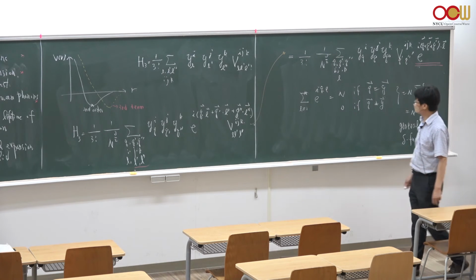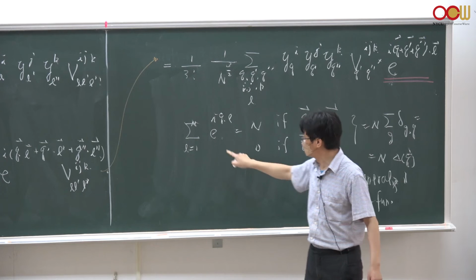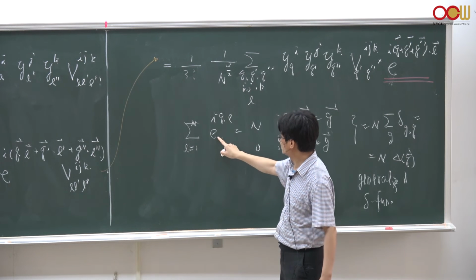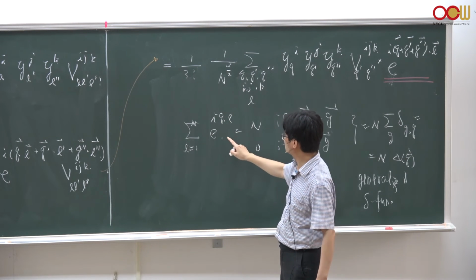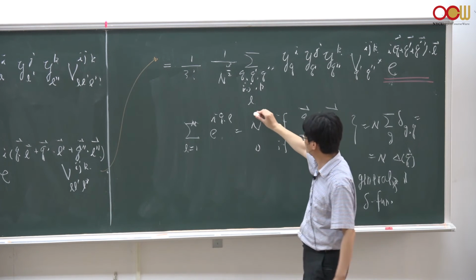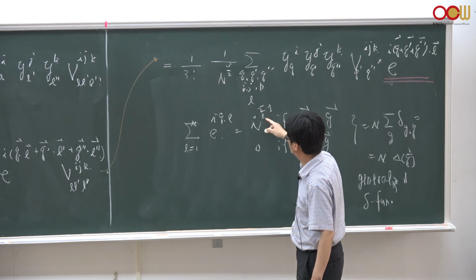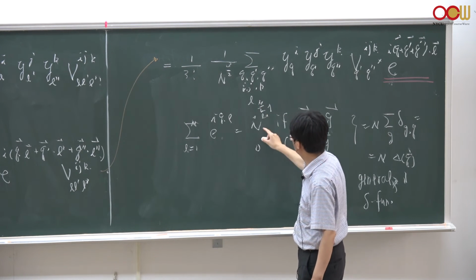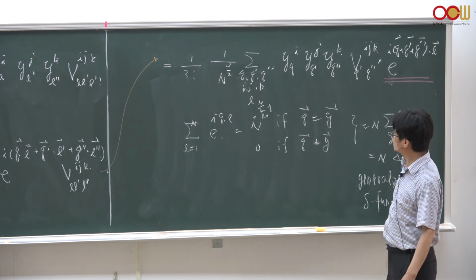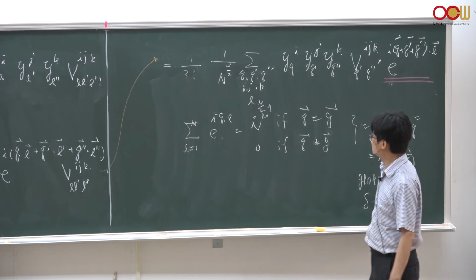We can take advantage of the identity which we introduced earlier: if we sum over L from 1 to N this exponential factor e^(iq·L), this is going to be N if q is the same as a reciprocal lattice vector G, and 0 if they are not the same.